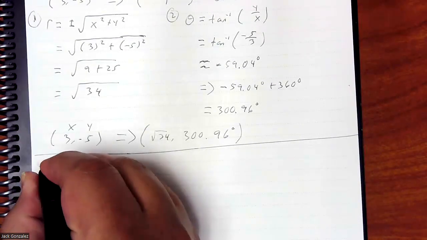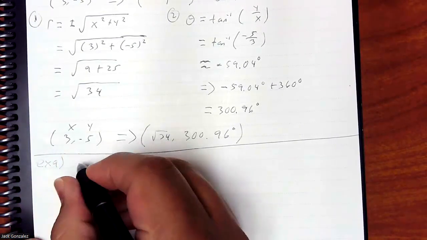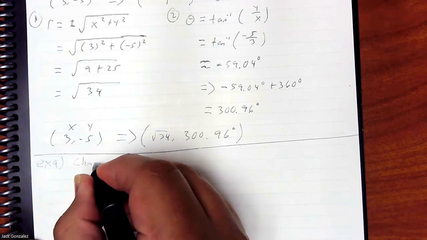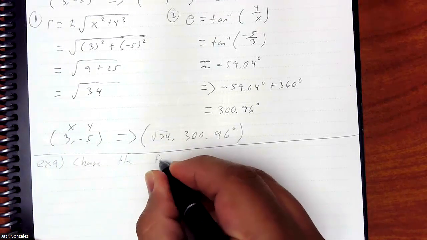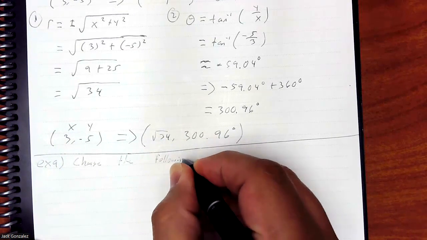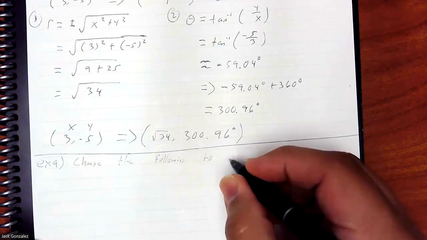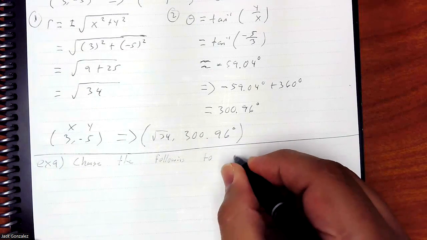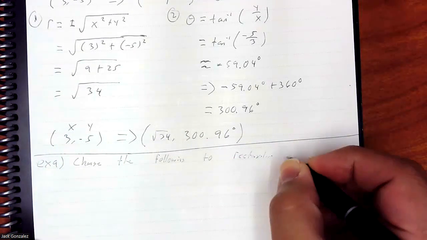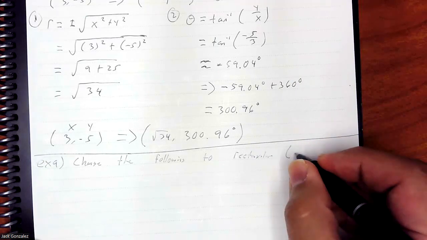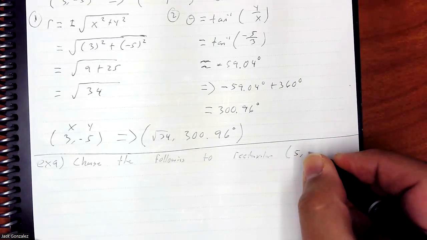Example 9. We'll do that other direction. Change the following to rectangular. It's the same as Cartesian.